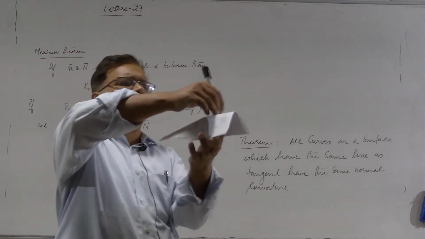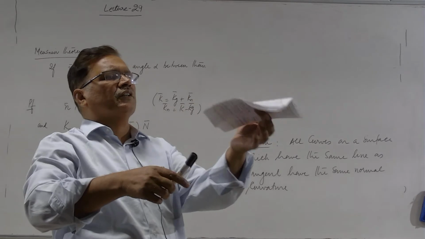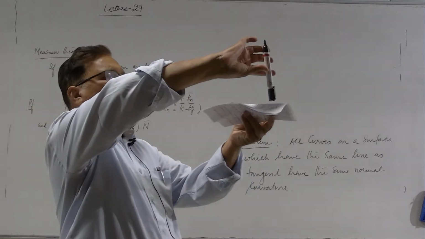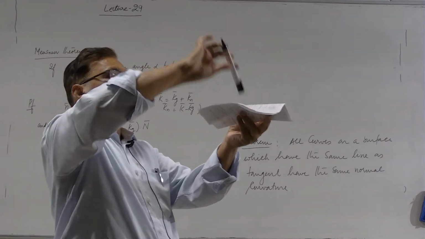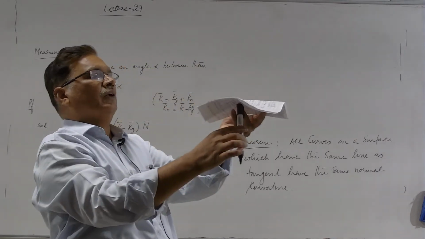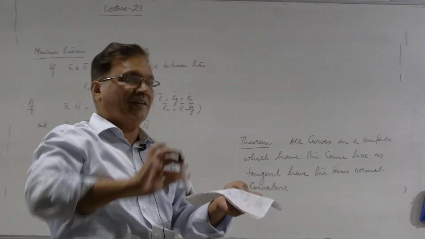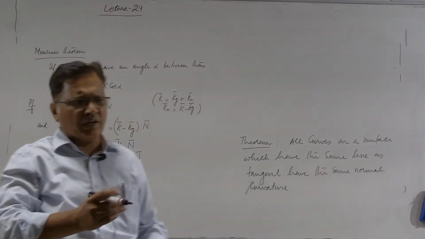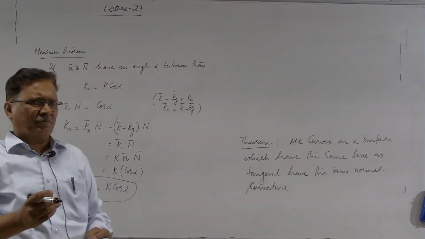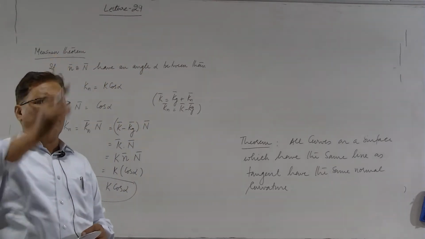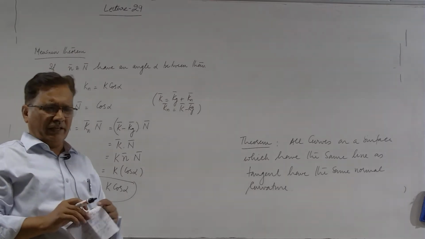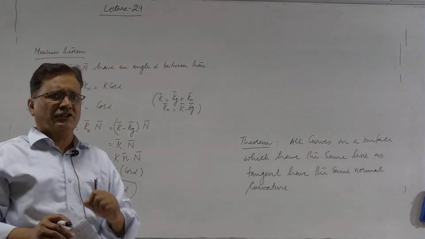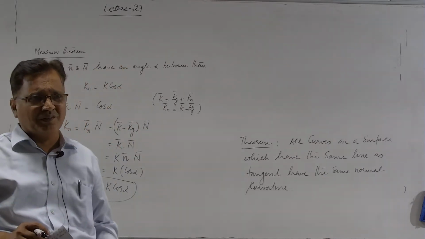For example, look at this curve: small n is tilted, and capital N is standing like this. But for this curve, small n and capital N are collinear with each other. It depends on the curve. From curve to curve, small n will change, but capital N will always be normal to the surface. Sometimes the angle between them will be alpha, sometimes they will become collinear, sometimes they will be perpendicular. It depends on the curve.